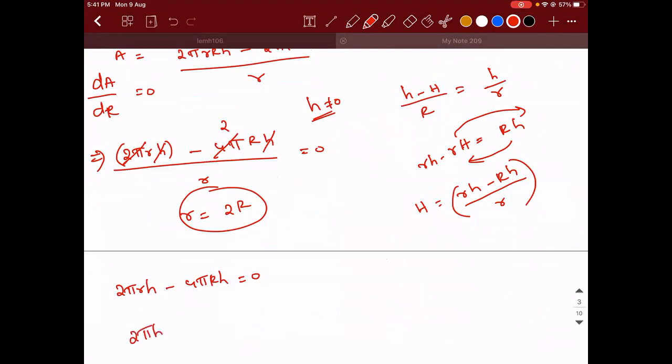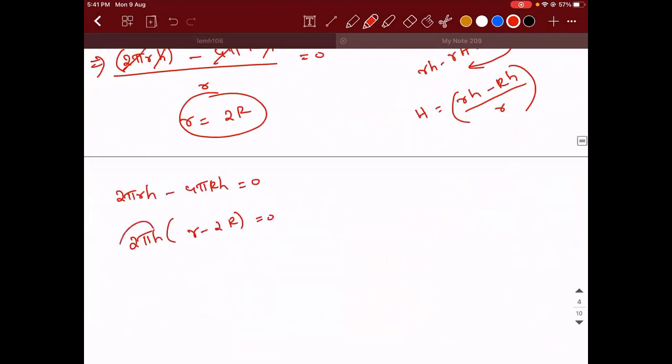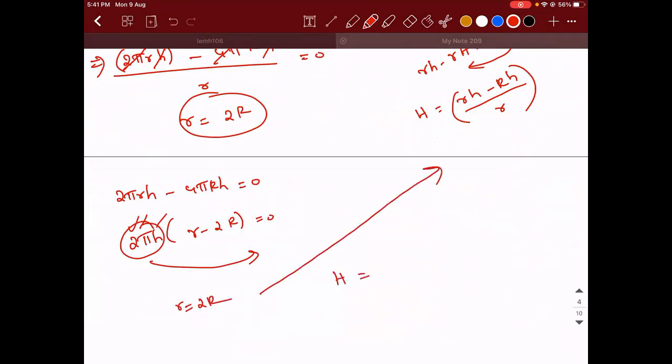So 2 pi into h, I'm taking it outside. R minus 2r is equal to 0. 2 pi h can go to the other side because 2 pi is not 0. H is also not equal to 0. So small r will be equal to 2R. So take it and substitute it here. Capital H will be equal to 2RH minus RH, we'll get H by 2, sir. H by 2, in terms of R, right, sir?